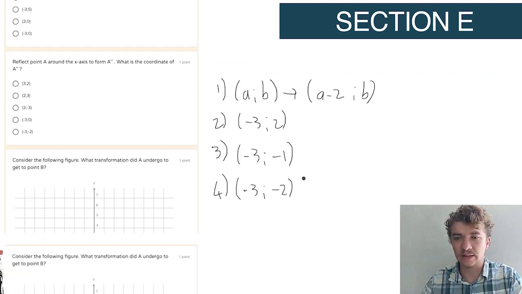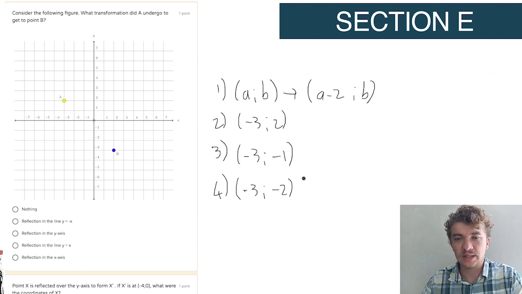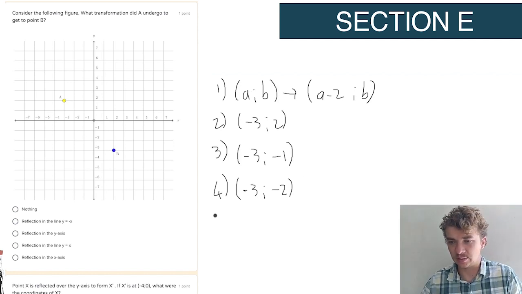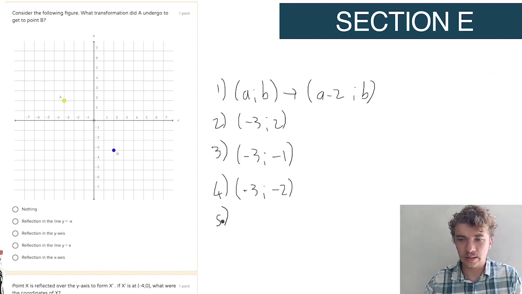Okay, then we're given another figure. What transformation did A undergo to get to point B? Okay, and so they gave us a few options. All of them are reflections, so we know that that's going to be one of our options. Visually and algebraically, the only option is if there's a line over here that looks like that.